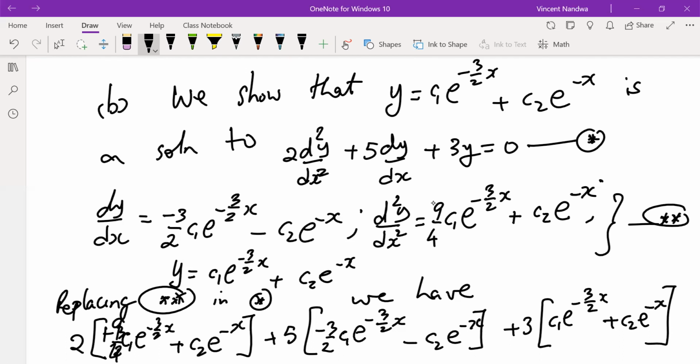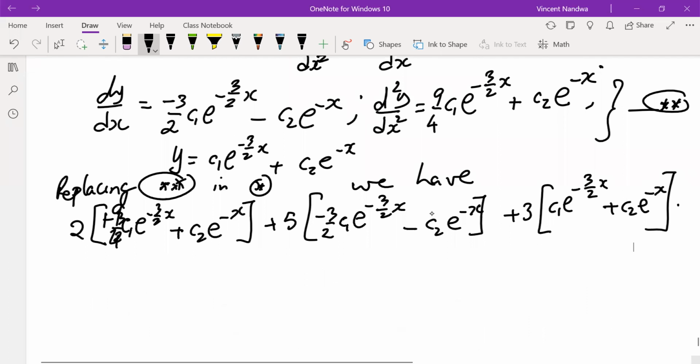Now we don't conclude that it equals 0, but we show that after simplification, we'll get 0.